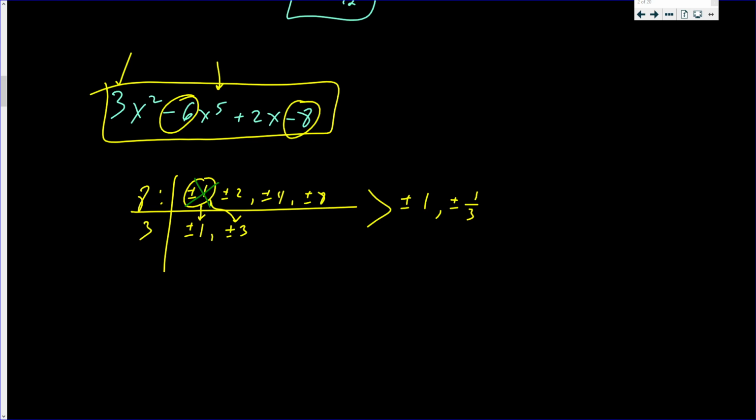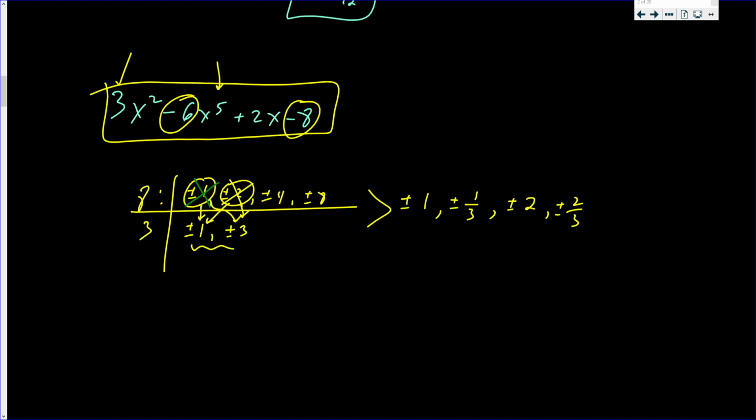Now we do the same thing with plus minus 2. We divide it by 1. 2 over 1 is plus minus 2. Then we divide the 2 by the 3. And we get plus minus 2/3. I divided the plus minus 2 by every possible denominator.